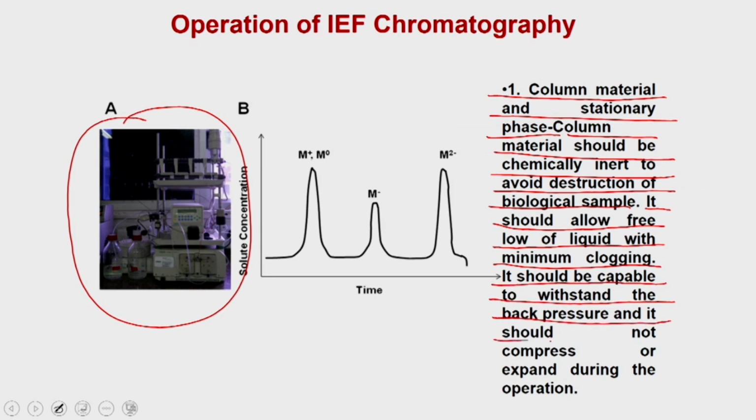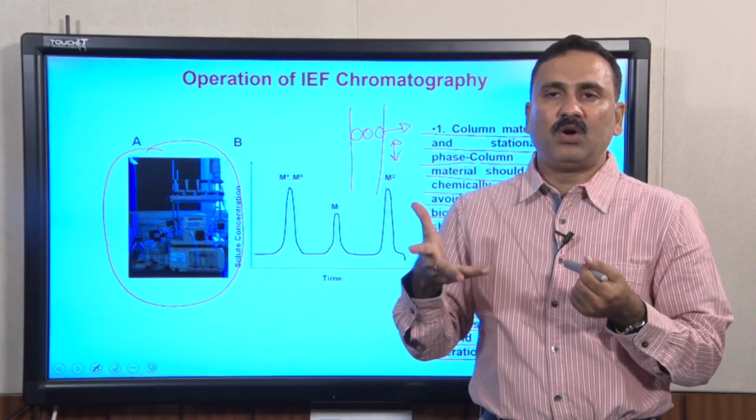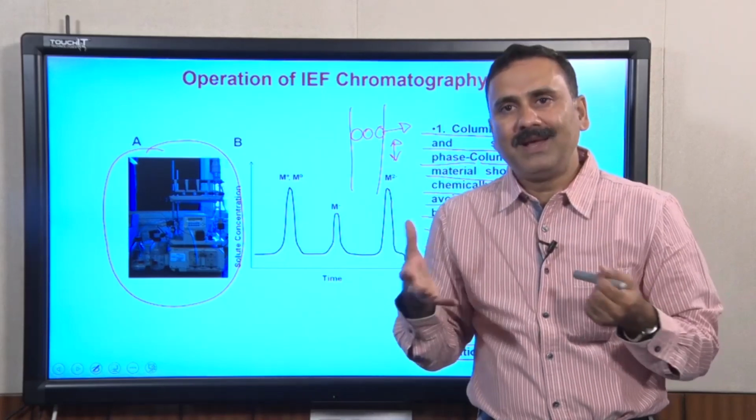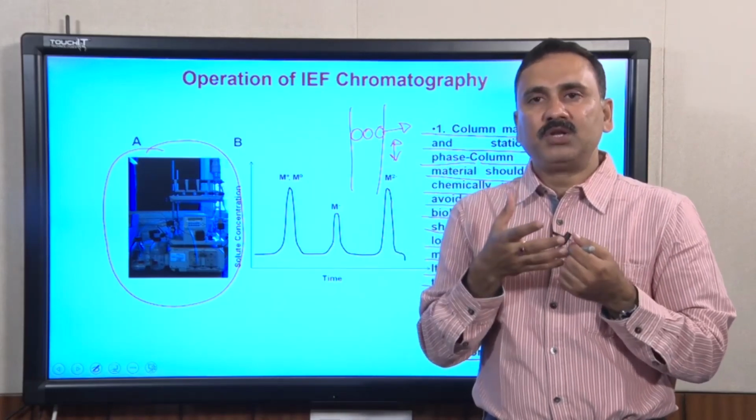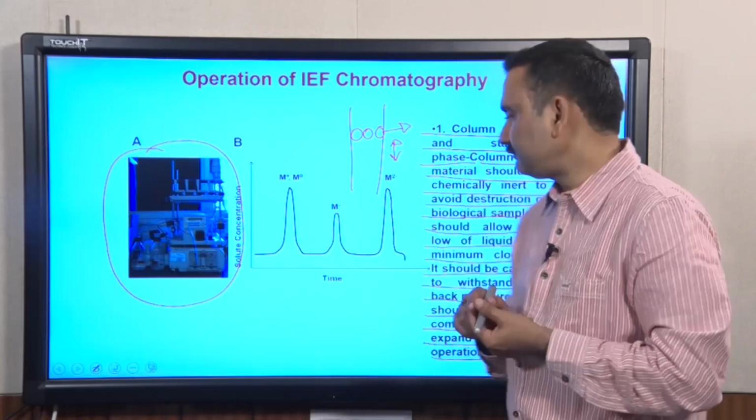It should not compress or expand during the operation, which means if you are putting beads in a column, these beads should withstand some pressure so that they do not shrink or expand, because that would change the overall arrangement of the beads within the column, destroy the packing, and eventually affect the purification.